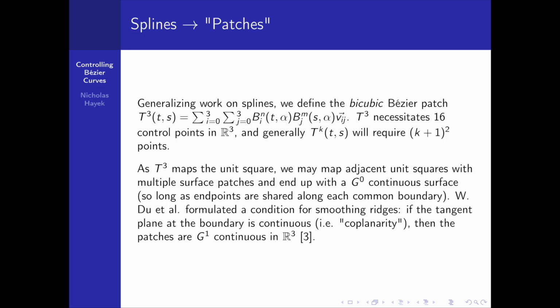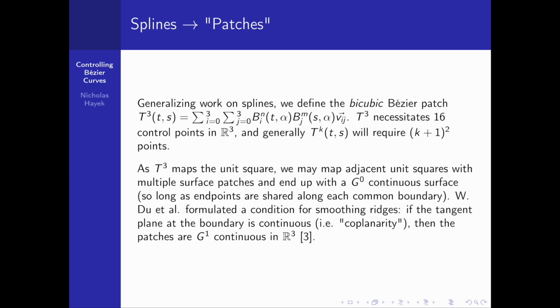And we could generalize this idea of splines to surfaces, where essentially instead of now stitching together curves of degree 2 or 3, we stitch together surfaces where we cap the order of each of our Bernsteins to 2 or 3. And so for a so-called bicubic patch, we'd have n equal to 3, and that necessitates 16 control points.